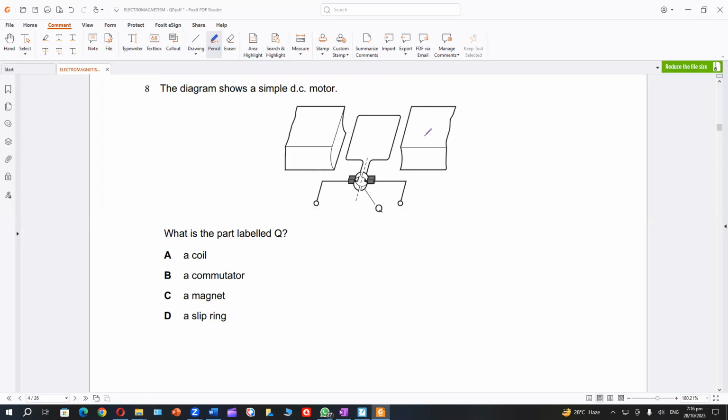The diagram shows a simple DC motor. What is the part labeled Q?